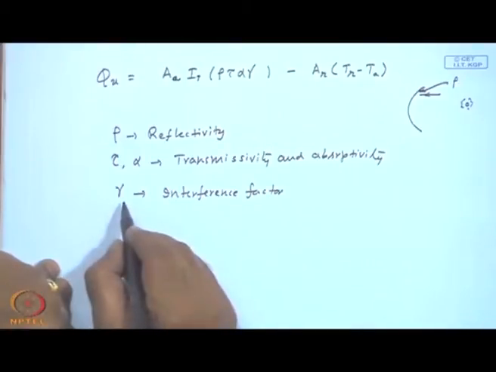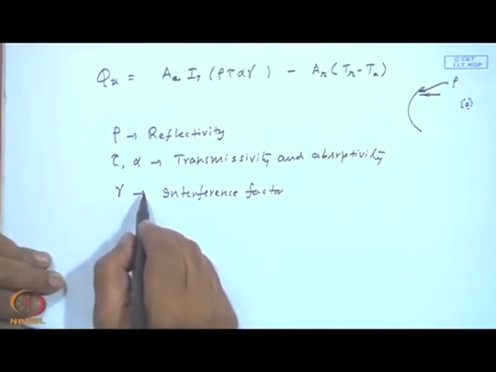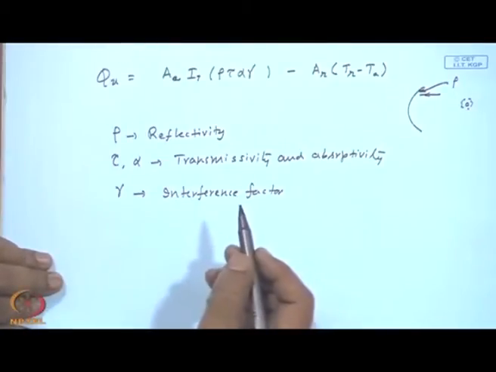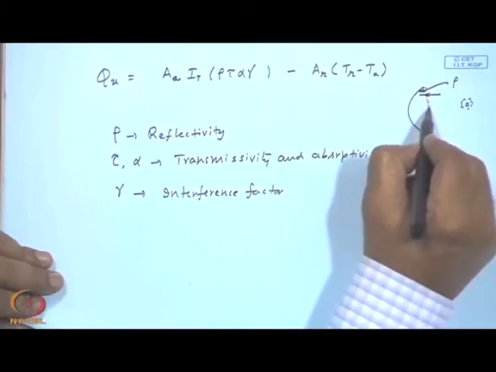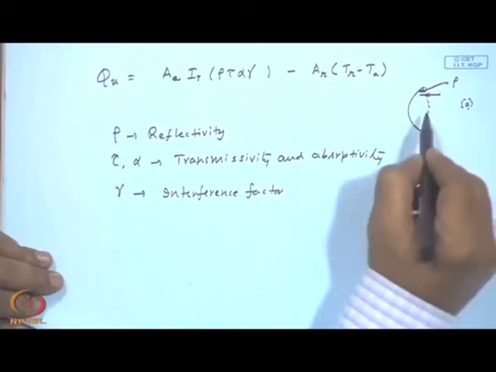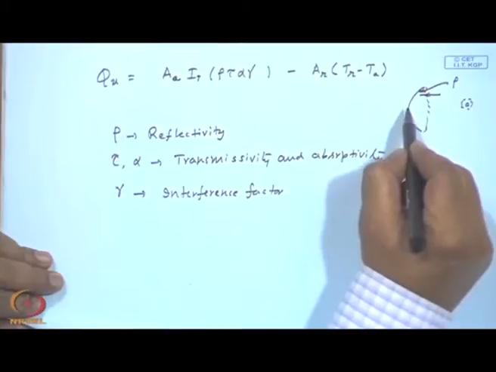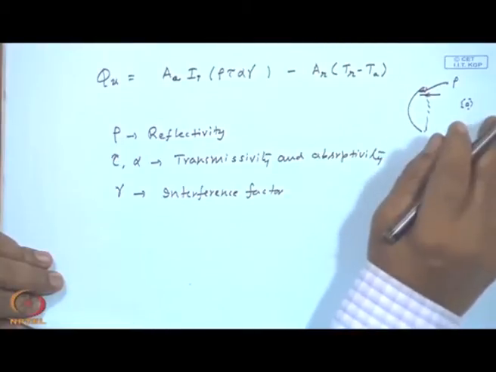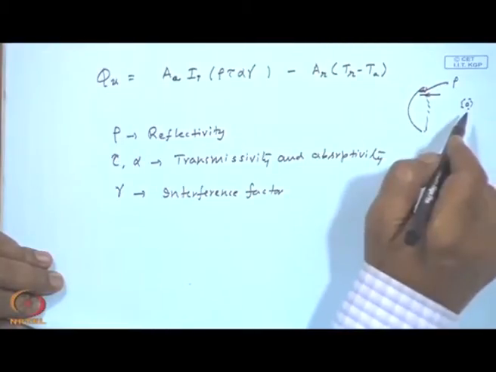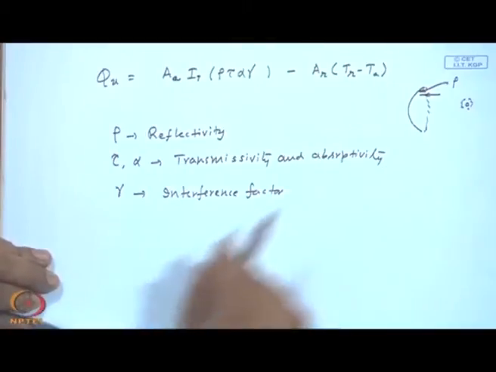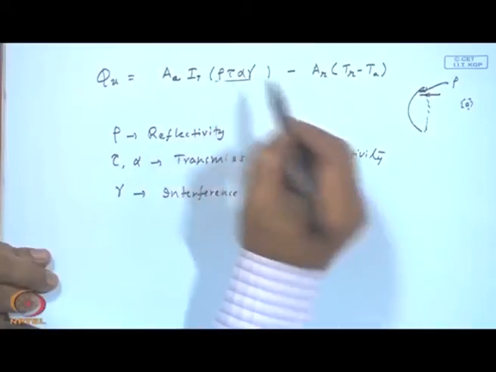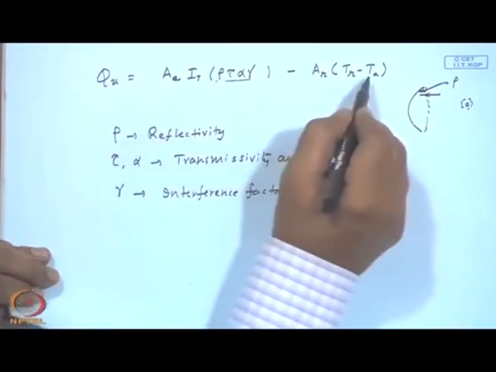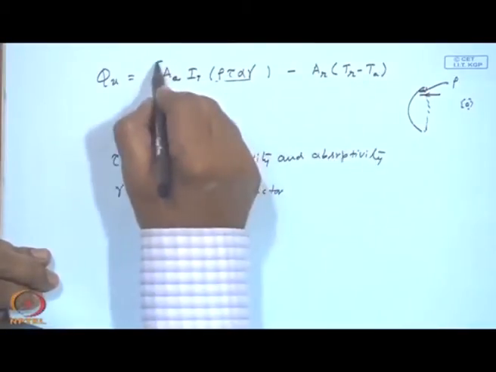Consequently, there will be a factor gamma, the interference factor. It is sufficient at this stage to know that all the radiation passing through the aperture area going on to the reflector will be reflected, but may not be intercepted by the receiver owing to any number of reasons. So, we have a factor like this, and this is my total energy balance.